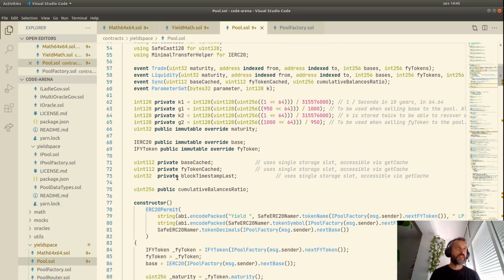We implemented the same kind of time-weighted average price, but in our case we record rate, so you can use these pools as a rate oracle, and for that you use very much the same as you get in Uniswap v2.